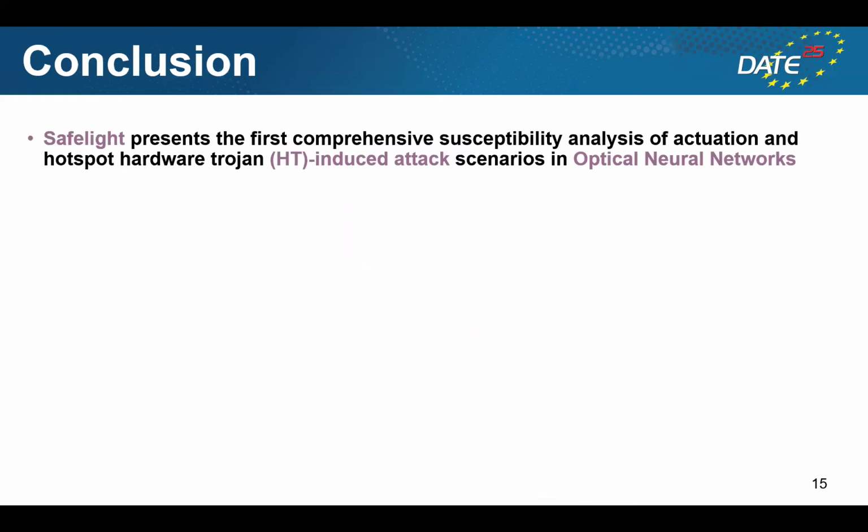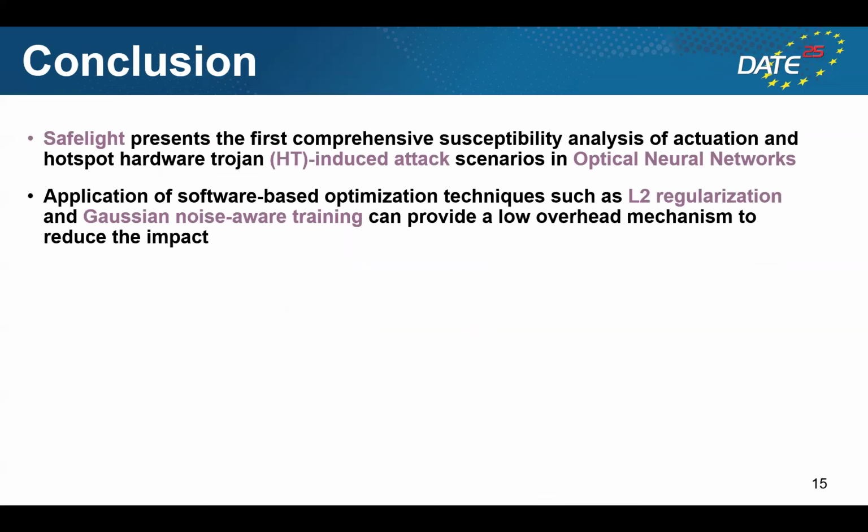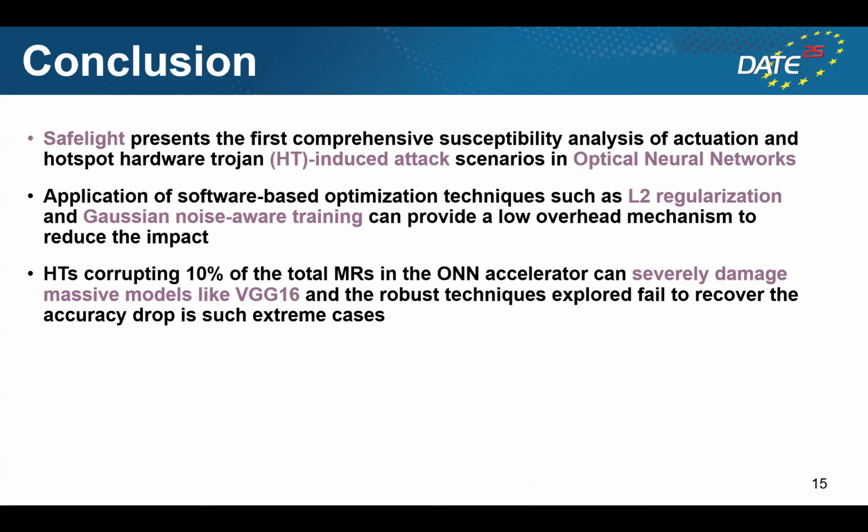Finally, this work, SafeLight, presented the first comprehensive susceptibility analysis of activation and hotspot hardware Trojan-induced attack scenarios in optical neural networks. And we saw that the application of software-based optimizations can provide a low overhead mechanism to reduce the impact.